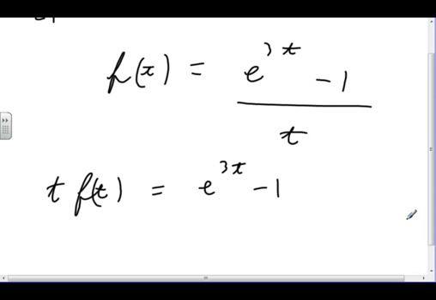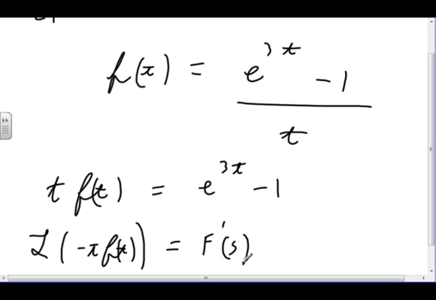So theorem 2 says the Laplace transform of minus t f of t is equal to f prime of s. Okay. I don't have a minus sign there, so I'm going to put a minus sign there, a minus sign there, and a plus sign there.